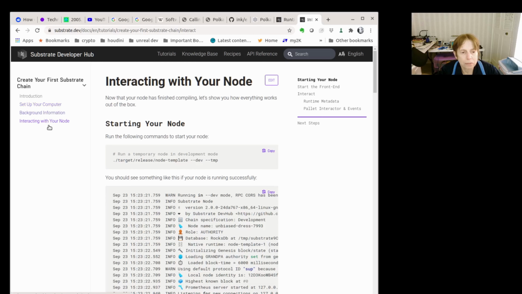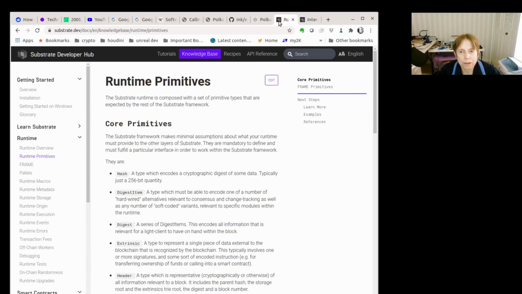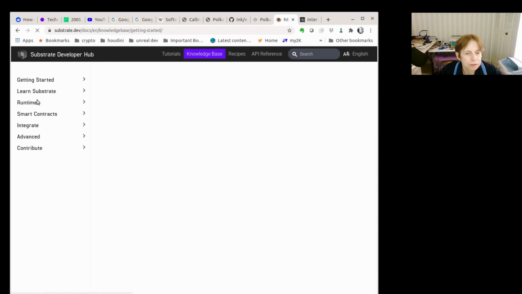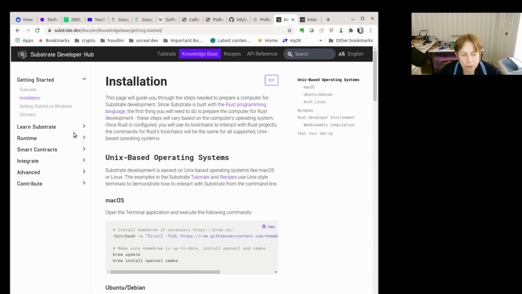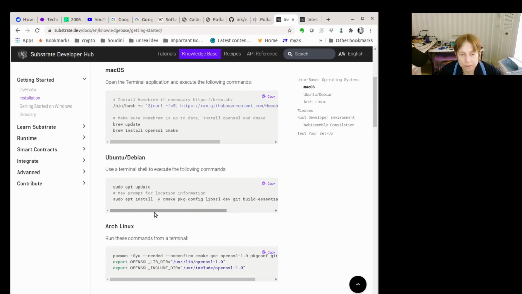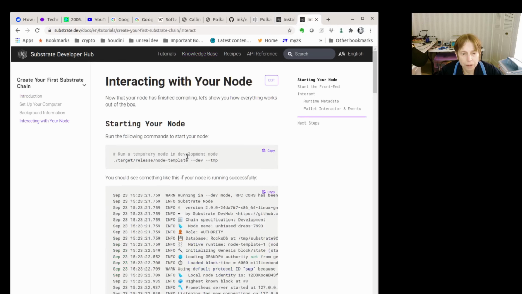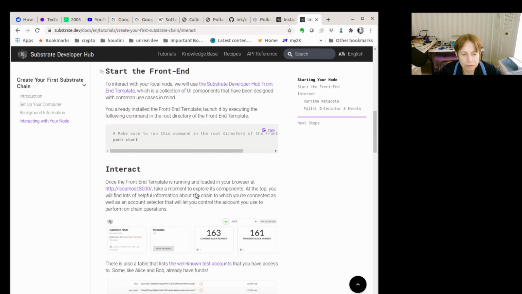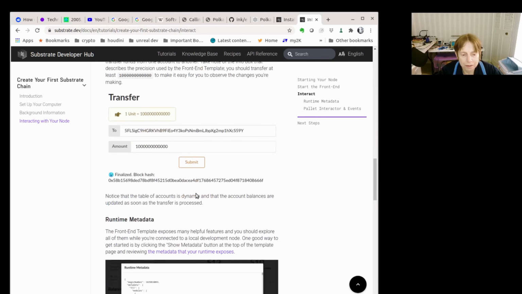And we're also going to have to install it, and that's in here, installation. So what we're going to do, and I think tomorrow, is we're going to run this, we're going to install, and then we're going to play around with this tutorial here and see what we get.